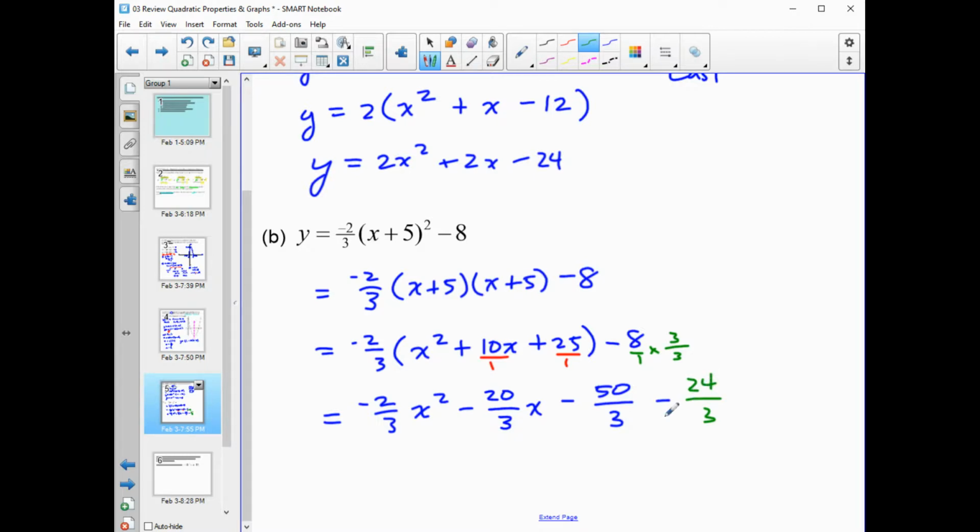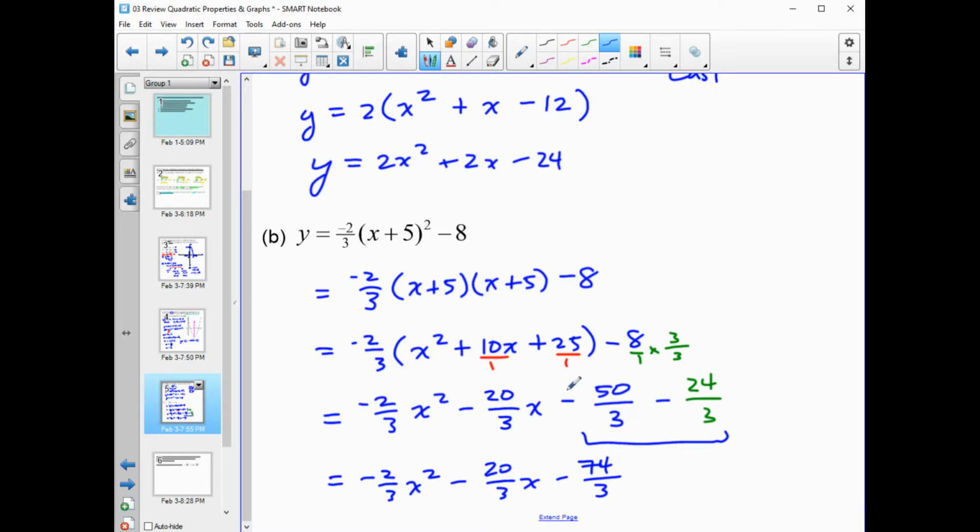So we have minus 24 over 3. And that allows us to finish this off, because now we have to do the simplifying part, because those two terms can be simplified into one term. We end up with negative 2/3 x squared minus 20 over 3x minus, and this one's going to be minus 74 over 3.